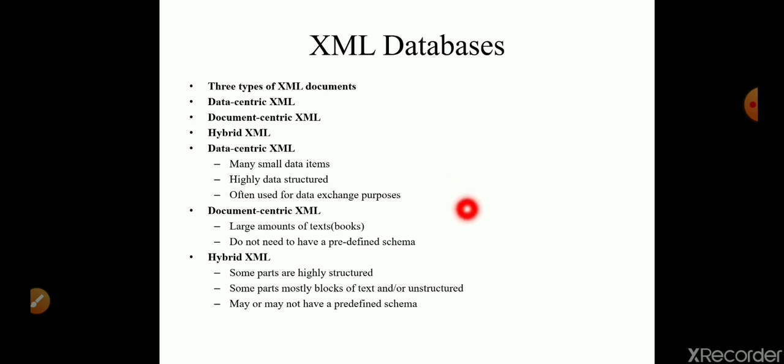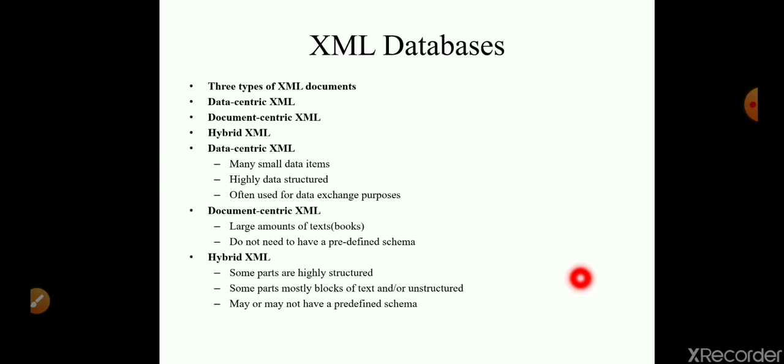It is often used for data exchange purposes. Document centric XML documents are used for large amounts of text, for example books, and there is no need to have a predefined schema. And in hybrid XML, some parts are highly structured, and some parts are mostly blocks of text, or unstructured.